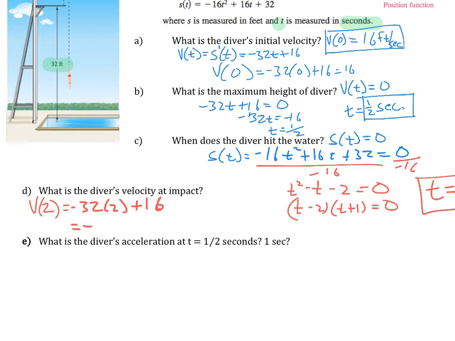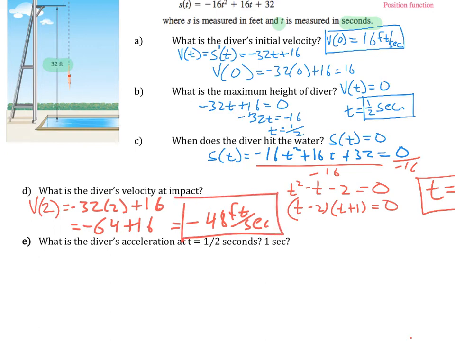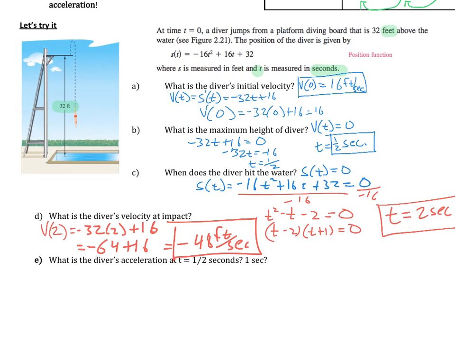And so that's going to be negative 64 plus 16, which is negative 48 feet per second. What does the negative mean here? Well, the positive direction in this case is going up, and the negative direction is going down. So positive direction to start, and then negative direction going down, because we're losing altitude.